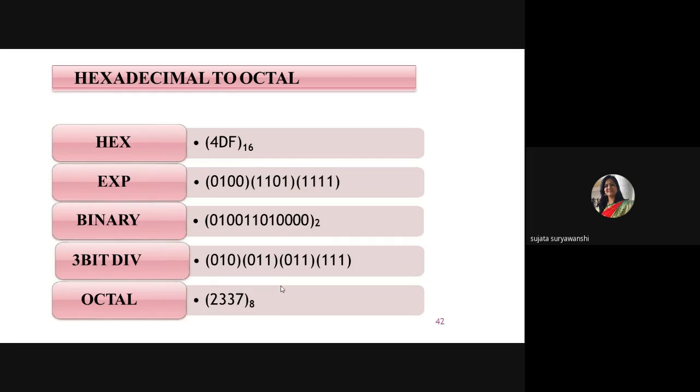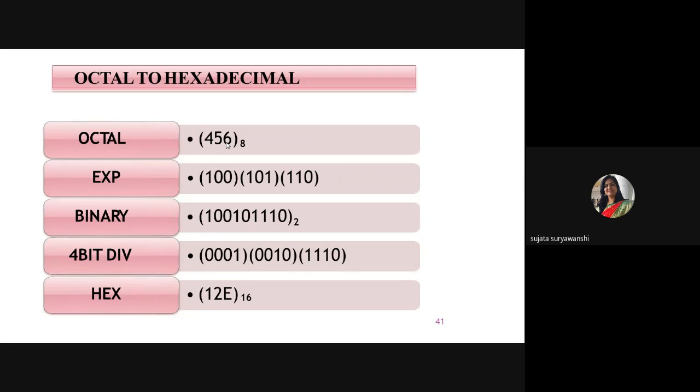Now, next is what? If the hexadecimal number is given and you need to find out the equivalent octal number. Suppose in the example, the hexadecimal number given is 4DF. Okay. After that, can you make a group of 3 digits or 4 digits?